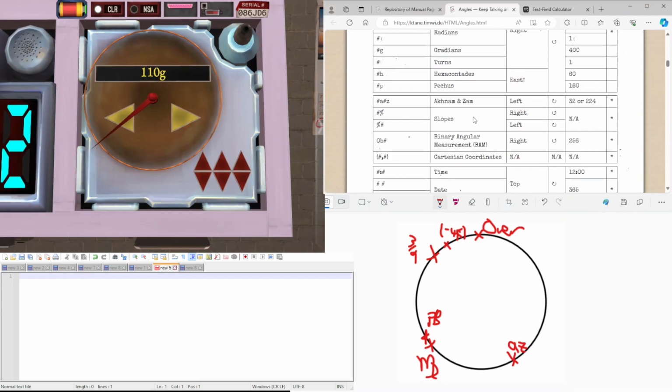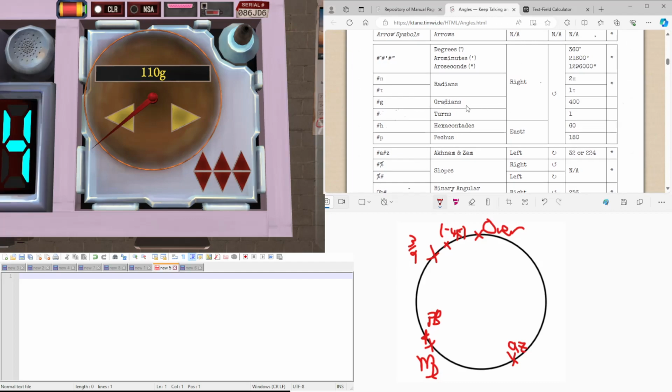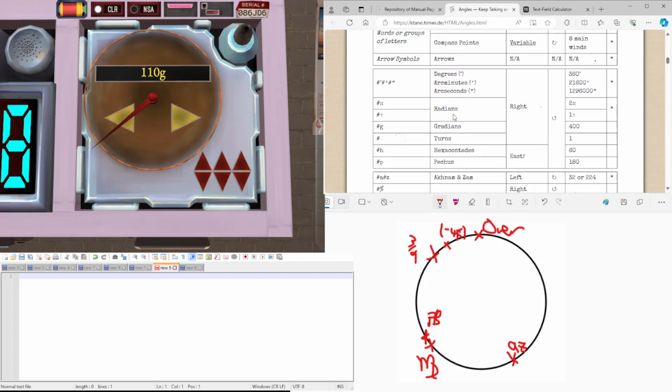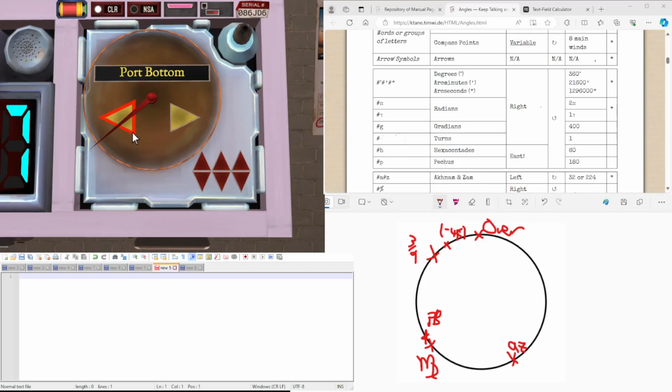Okay, up next we have gradients. This is similar to the degrees or radians you know about, but in this case the full rotation is 400. So first let's get this back to the right, and we're going to be going this way round.